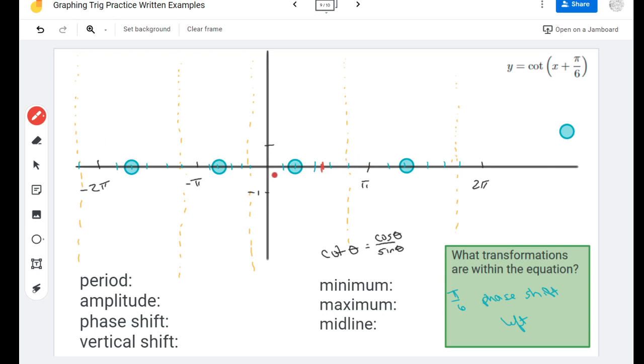So I'm just adding a couple of tick marks so that I know where to put those points. So again, halfway between these, and then halfway between these. The tangent function gets a little whack, right? It's kind of hard to draw. And so those are where we need to have our anchor points.